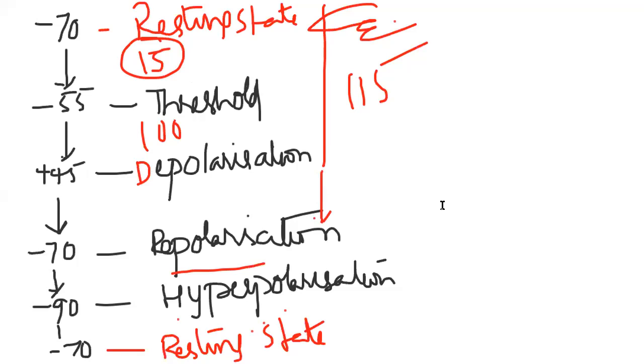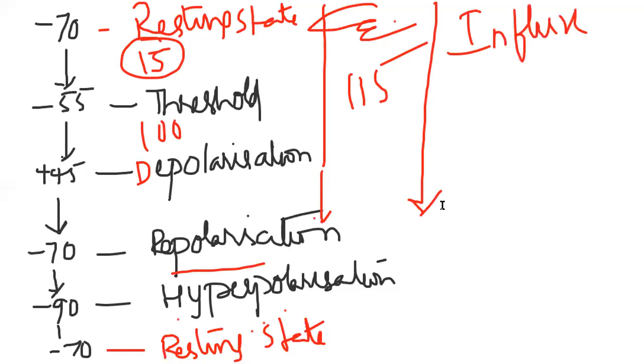This is the total story of this area, but we need to go for a little additional. If it is the NEET NCERT textbook, when you follow it, this is enough for us. Resting state to the depolarized state happens because of the influx of sodium ions. That's all.